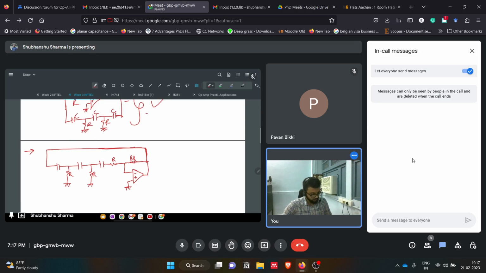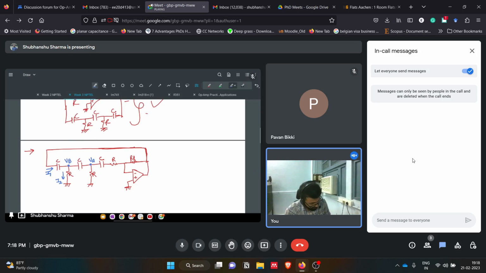Now we have capacitors C, C, C. I will mark these nodal voltages as VB, and this we'll say VA for simplicity. This is I2, this is I1. This derivation will not come in the final examination, I'm just telling you for the understanding.